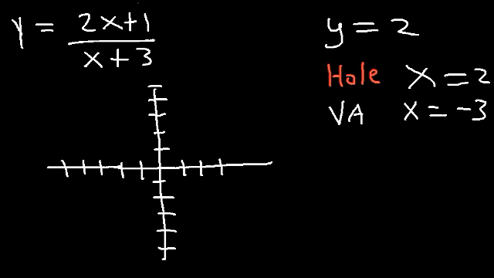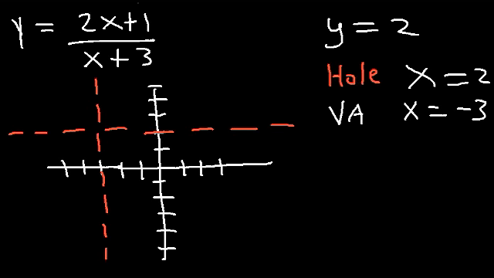So we have the vertical asymptote at negative 3, and the horizontal asymptote is at y is equal to 2. Now the hole is on the right side of the vertical asymptote, so we really don't need the x and y intercept for this function.